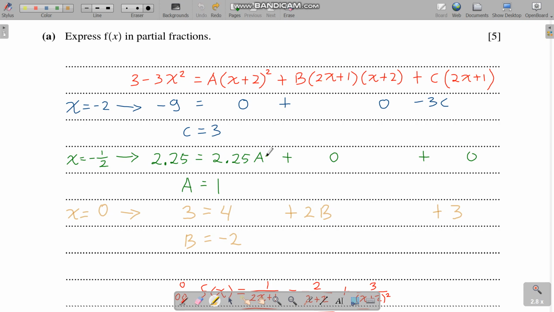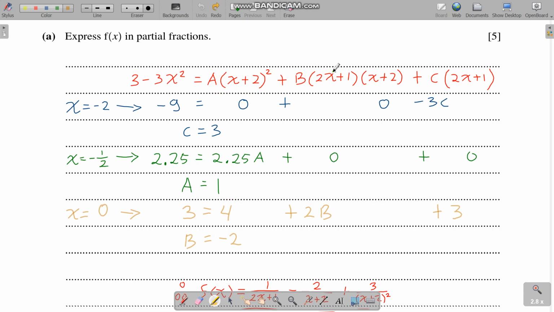And to find B, because you have A and C already, you can find the B using any random value of x. If I were you, I'm just going to use 0 because the left hand side is simply 3. And if you plug in 0, this will be 0 plus 2, which is 2. 2 squared is 4. 4 times A, but the A is 1, so 4 times 1 is 4.